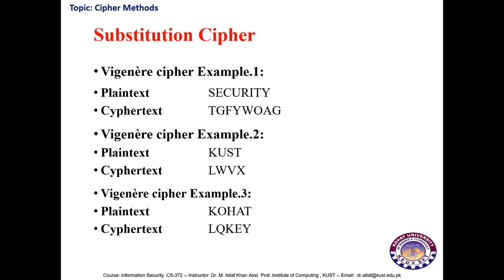H will be substituted by K, as H is in third position, so row number 3 will be considered, and E is in the fourth position in the plain text, so row number 4 will be considered, and E will be substituted by I, and the last T will be substituted by Y. So the resultant cipher text will be LQKEY.